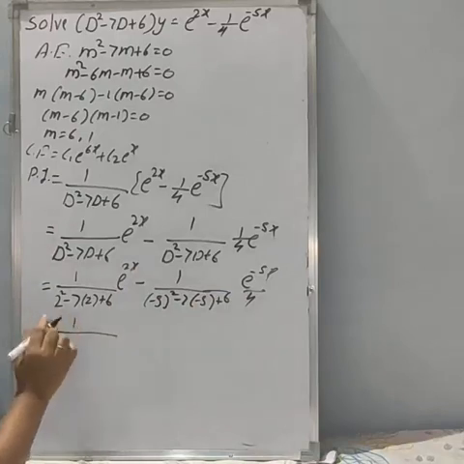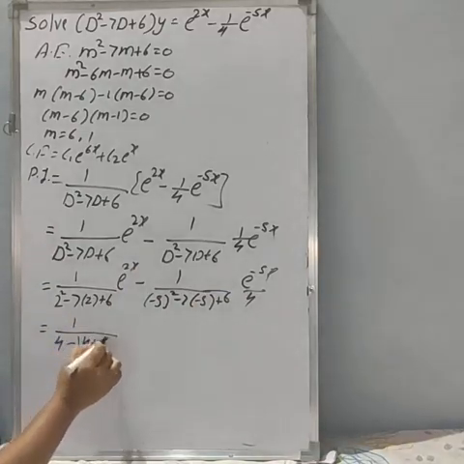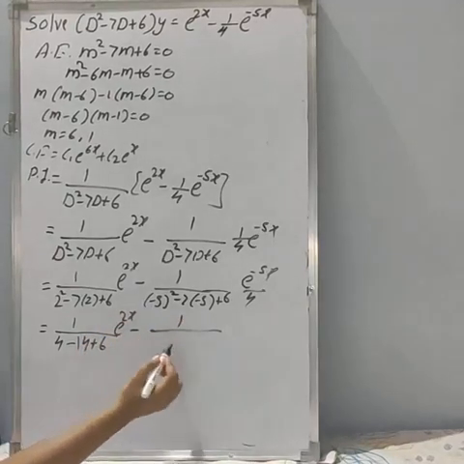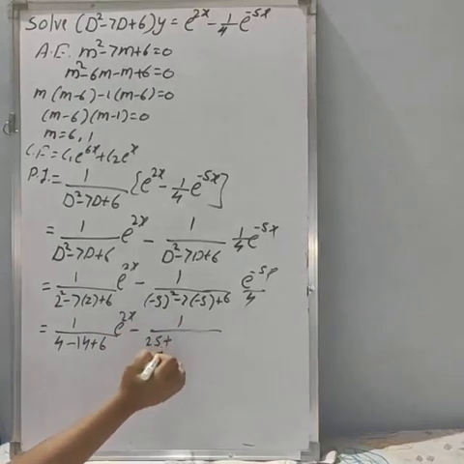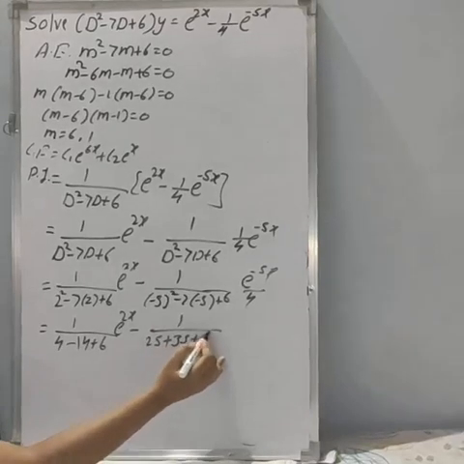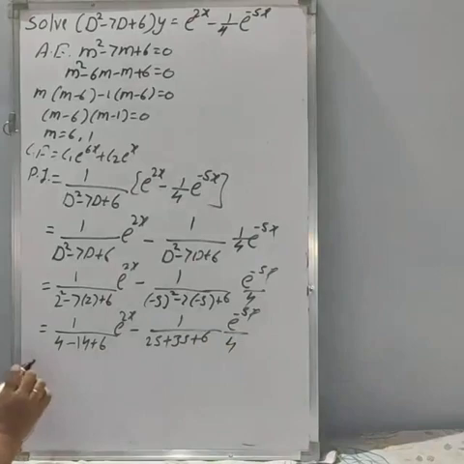1 divided by 2 square is 4, 7 into 2 is 14, plus 6, e to the power of 2x, minus 1 divided by minus 5 square is 25, minus 7 into minus 5 you will get plus, and 7 into 5 is 35, plus 6, and e to the power of minus 5x divided by 4. Calculate this.